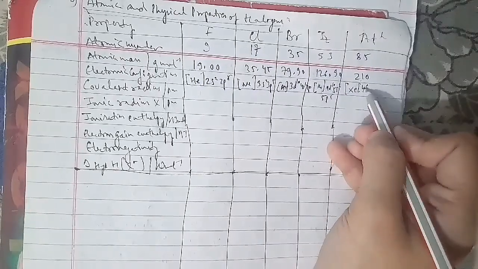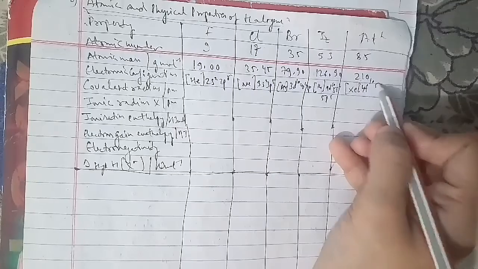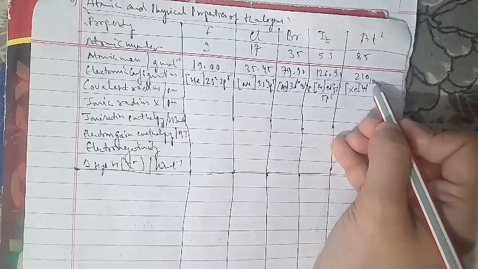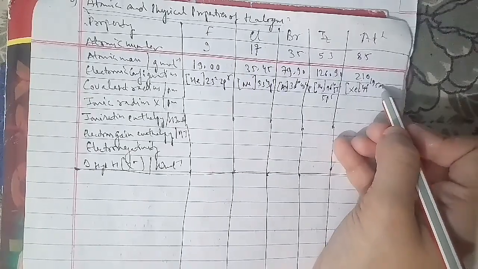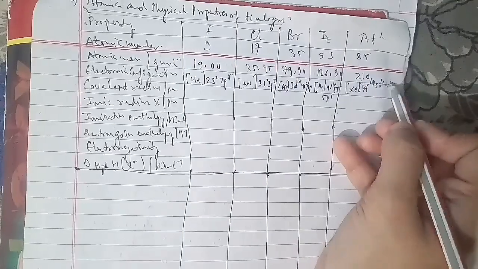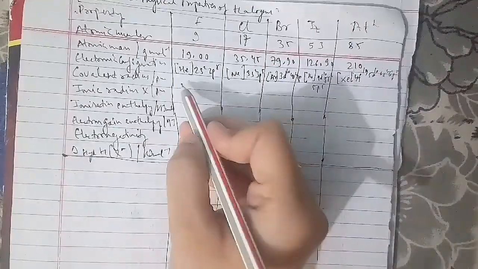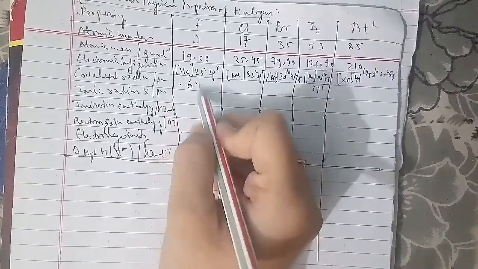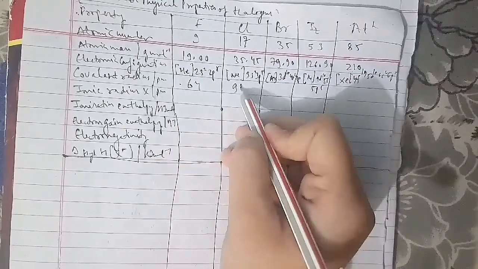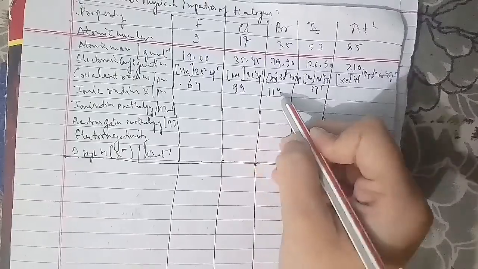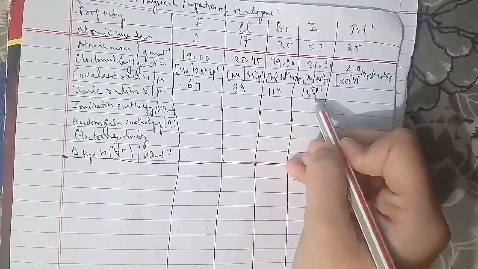Now for the covalent radius, we have 64, 99, 114, 133, dash. For the ionic radius it is 133, 184, then 196, 220, and then dash.